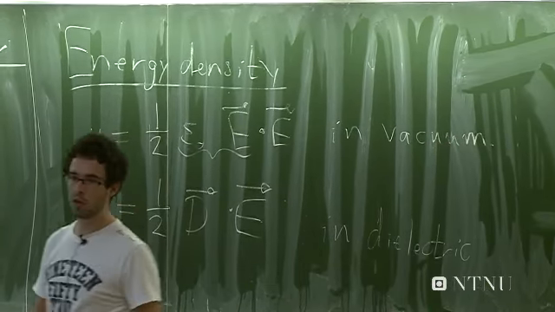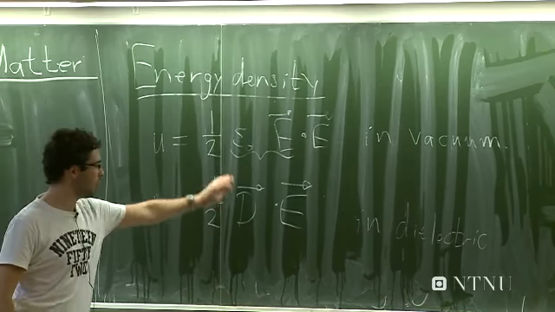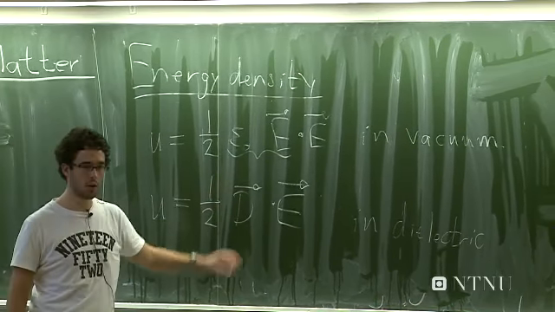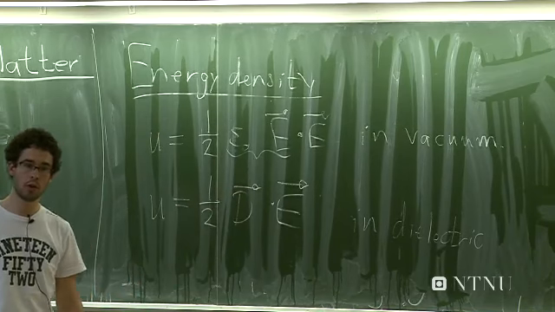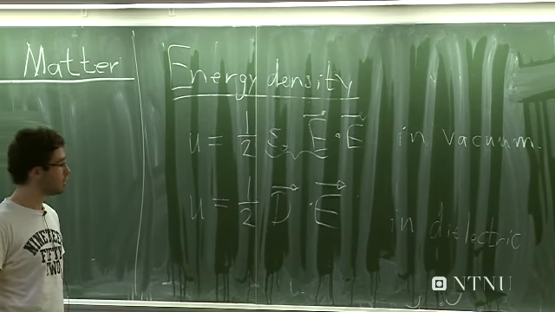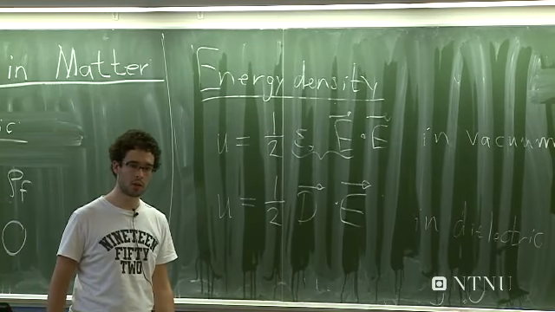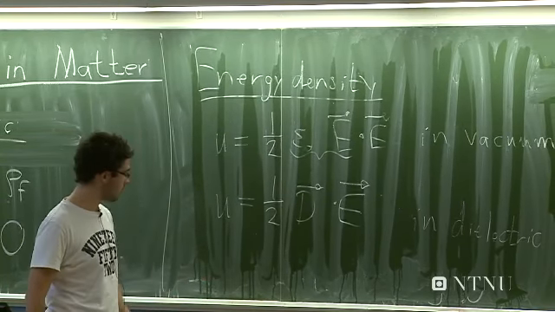There's one warning here though, because now we assume that the E and the D are proportional. So we're only considering the linear case. So you got to remember that this is only the linear case. It's very important.